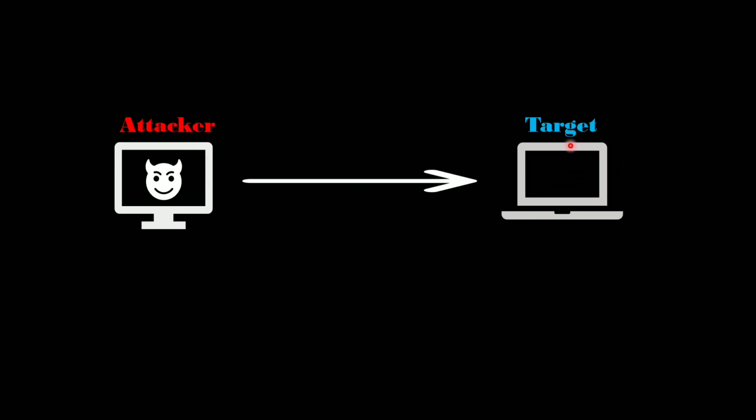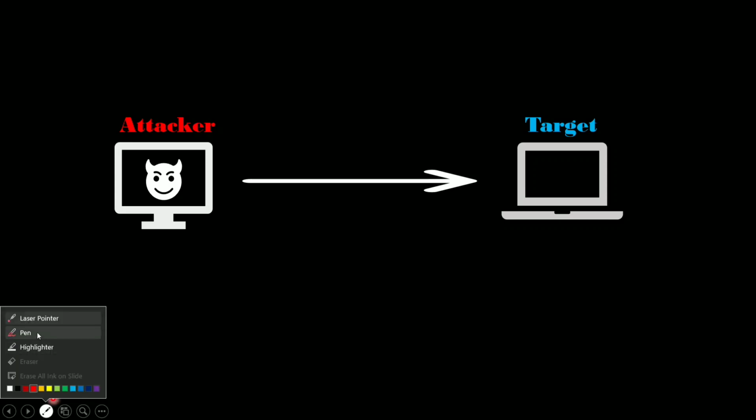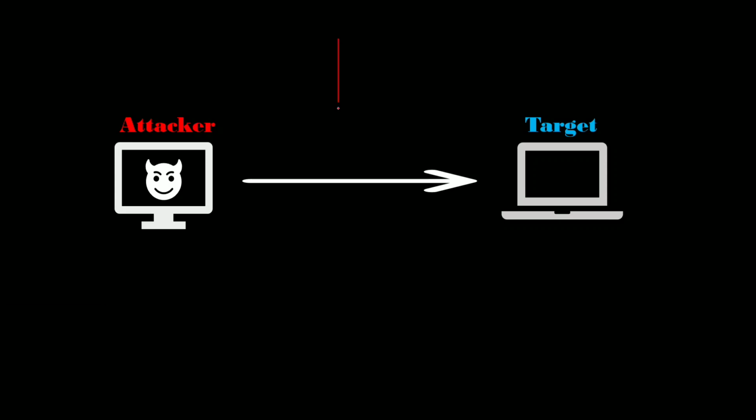Here the attacker is there, the target is there, and in a man in the middle attack, one server comes in. Let me take some points and explain. Drawing is not easy.